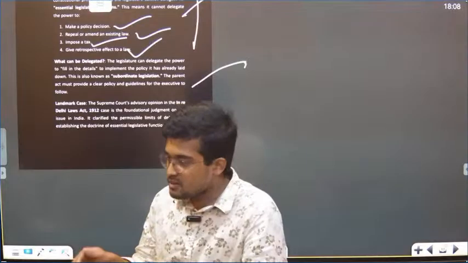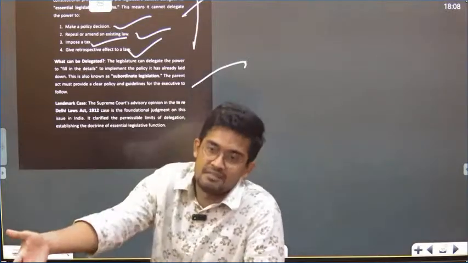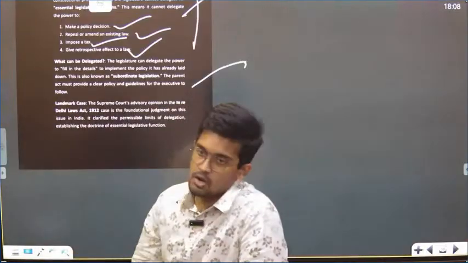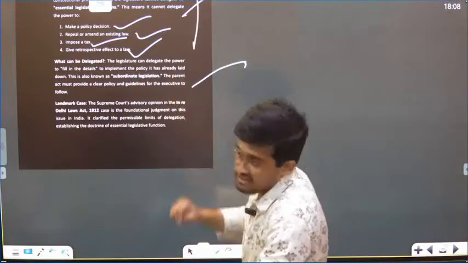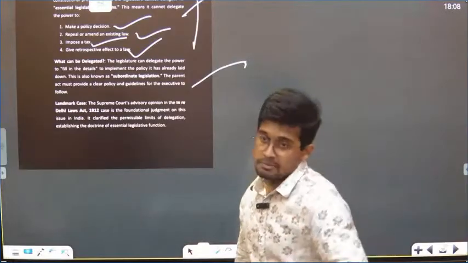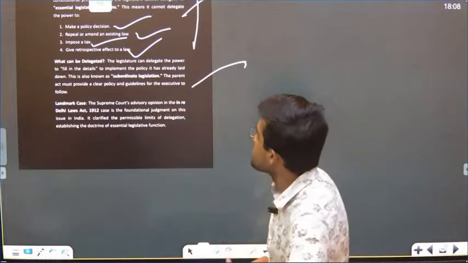All application is prospective. If a law is made today, it will be applicable from today onwards. The old actions that have been done cannot be brought under a present law. So the executive cannot do this, only the legislature can. Giving retrospective effect to a law, only the legislature can do, the executive can't.